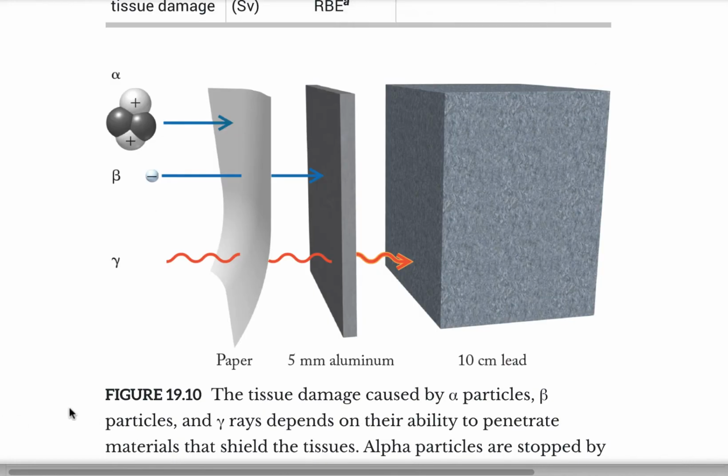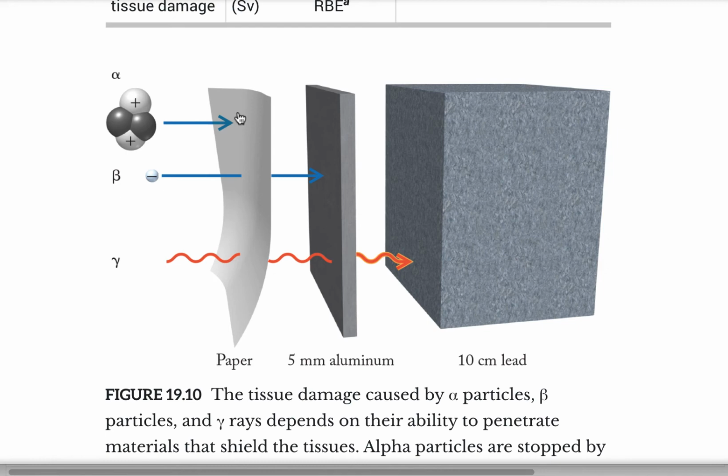This is figure 19.10 in the book. And this is our alpha particle, and you can see that it's stopped by as little as a piece of paper or the dead skin cells on your body. So if those alpha particles are staying outside of you, then the alpha particles, even though they have a higher RBE value, aren't going to be causing tissue damage because they aren't going to be penetrating into your skin.